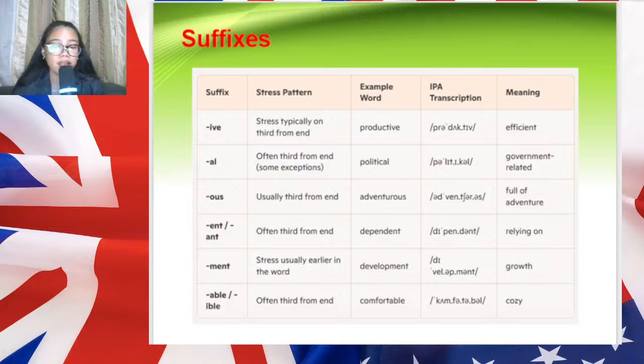Let's have maybe the next one, -ous. Again, -ous. The rule is usually third from the end. So, for example, adventurous, which means full of excitement or boldness. The word adventurous places stress on ven, which is the third syllable from the end.